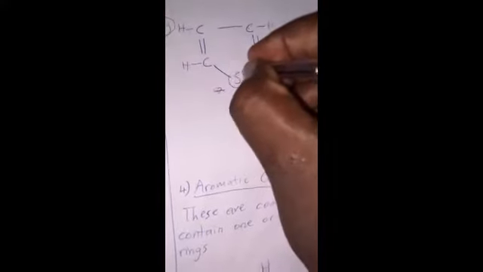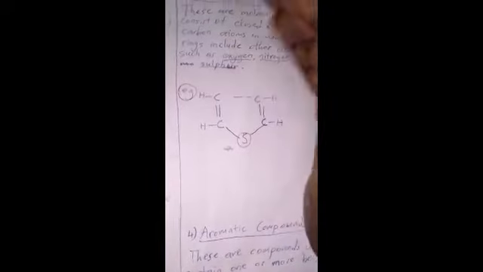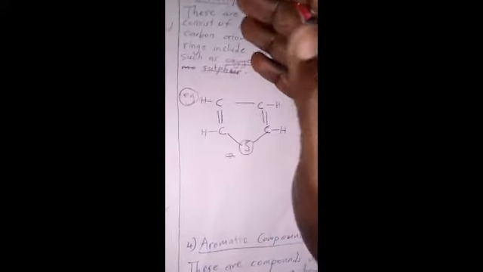In the closed ring, we are having sulfur in between. When we consider the definition of the heterocyclic compound, this one qualifies to be a heterocyclic compound. Are you okay with it? Okay, so that is for the heterocyclic.